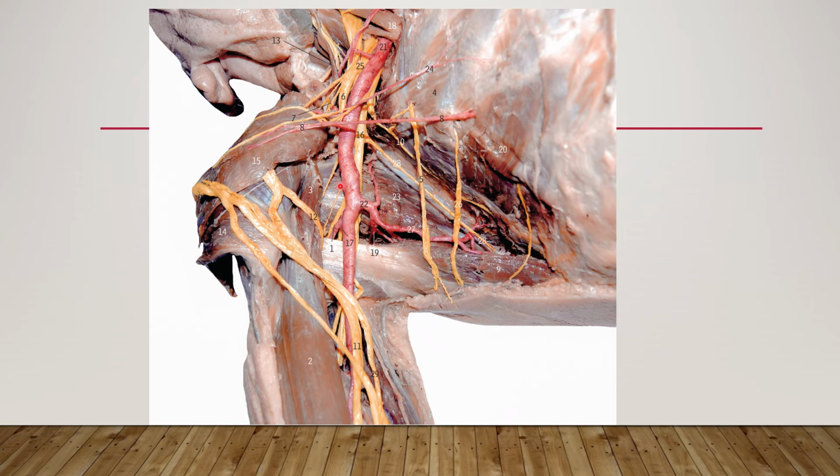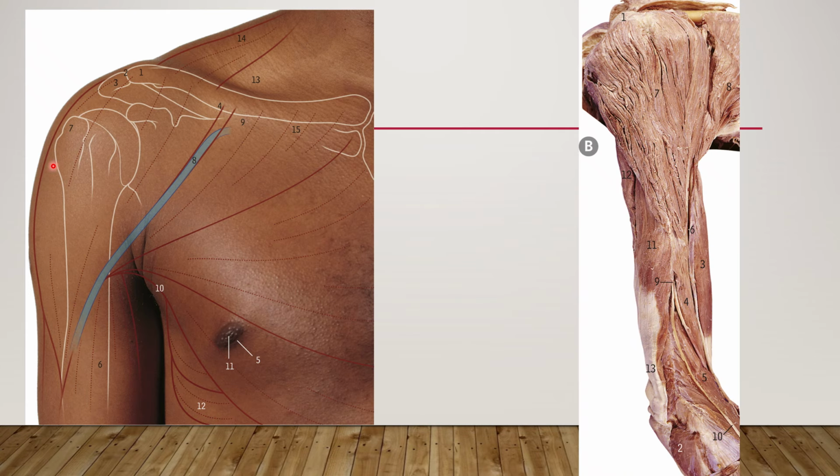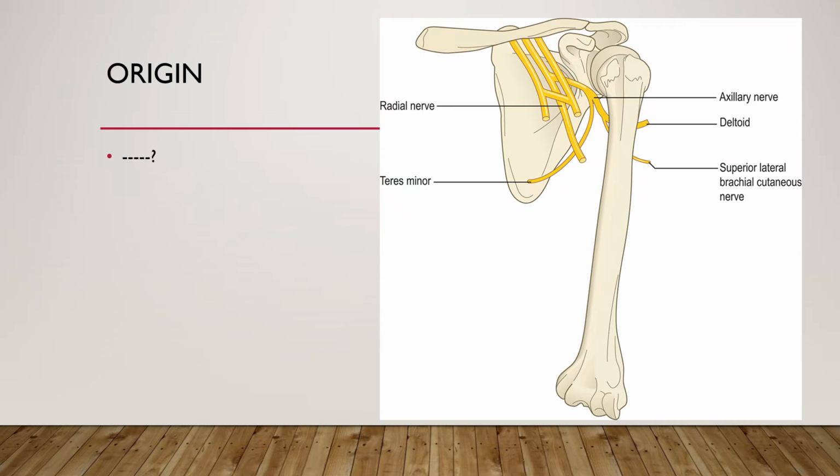Look at this. This is the axilla. Here is the radial nerve, goes back, quadrangular space. This is deltoid. This is the surgical neck of humerus. This nerve winds around the surgical neck of humerus, so obviously it supplies the deltoid. Behind that, look at this, winds around here.